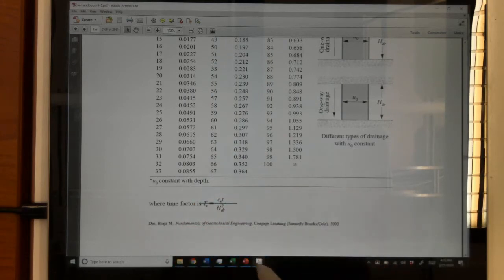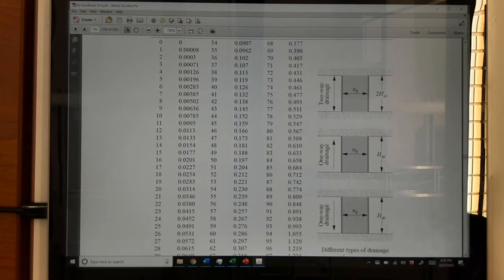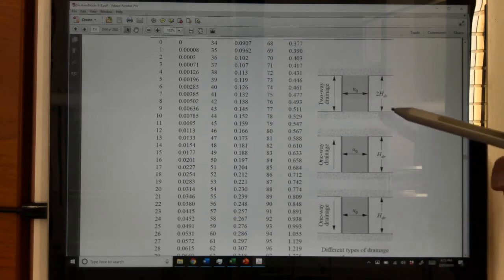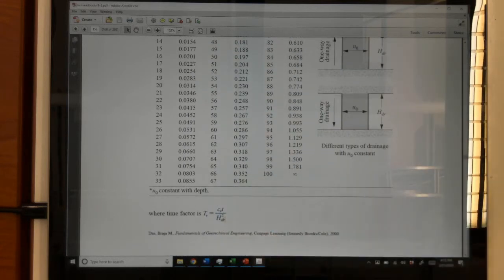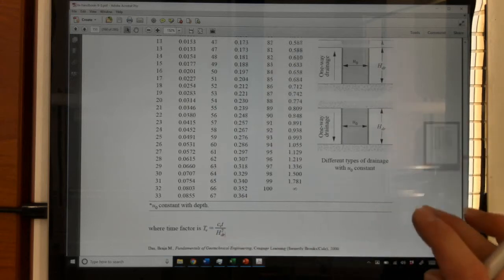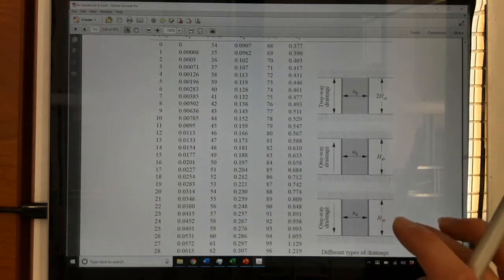So those two pieces together would be where to look when you're faced with a question about degree of consolidation or amount of time or how much of this consolidation has occurred at this particular point in time, and the decisions to make there about whether it's one-way drainage or two-way drainage impacts this drainage distance. So the H sub dr is the drainage distance in the time factor equation. The C sub V is a coefficient of consolidation that I would think would have to be given to you in a particular problem.